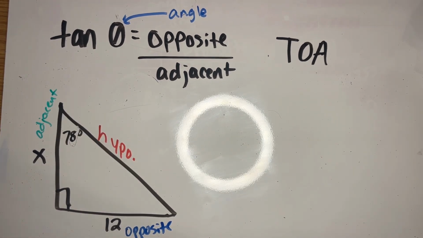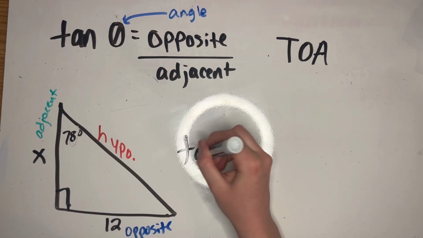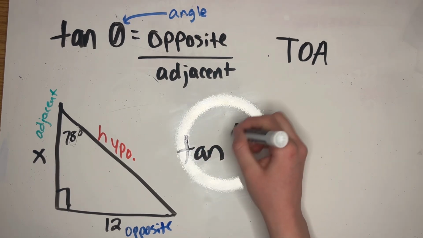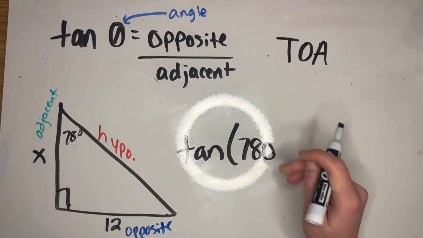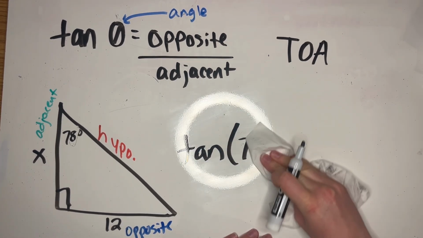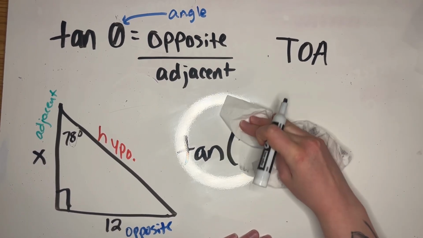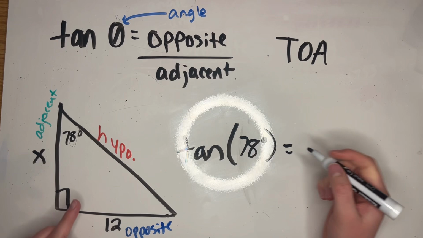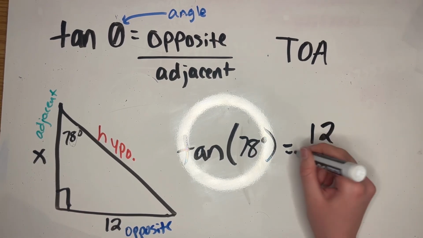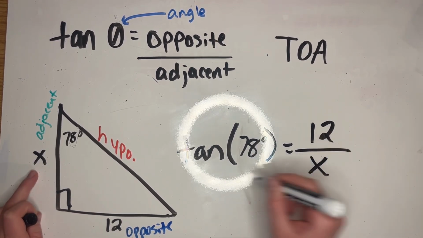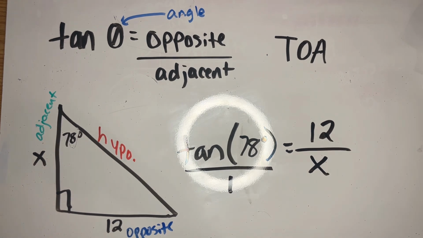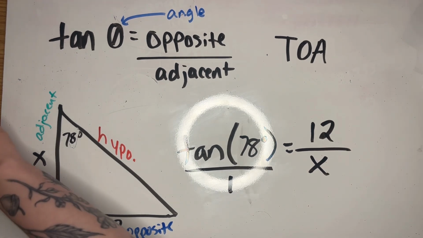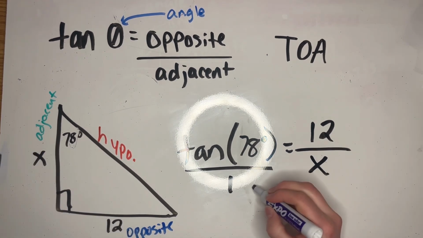And then we can set up our ratio. So tangent of our known angle that we're using, which is 78, not 780, 78 degrees, is equal to our opposite, which is 12, and our adjacent, which is x. Set this over 1 because it doesn't change the value, but makes it a little bit less intimidating to solve.